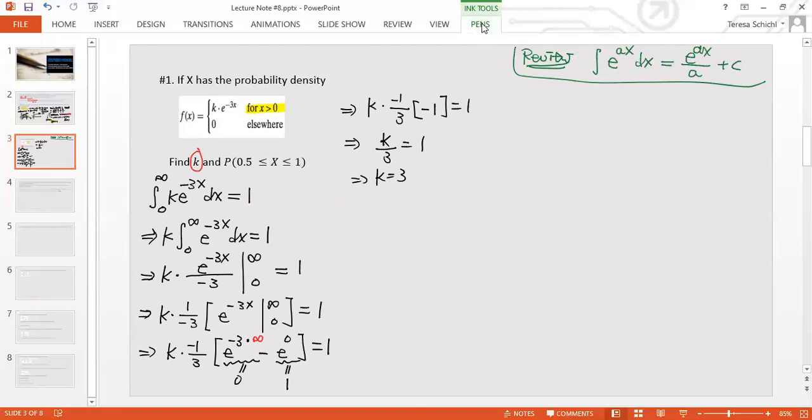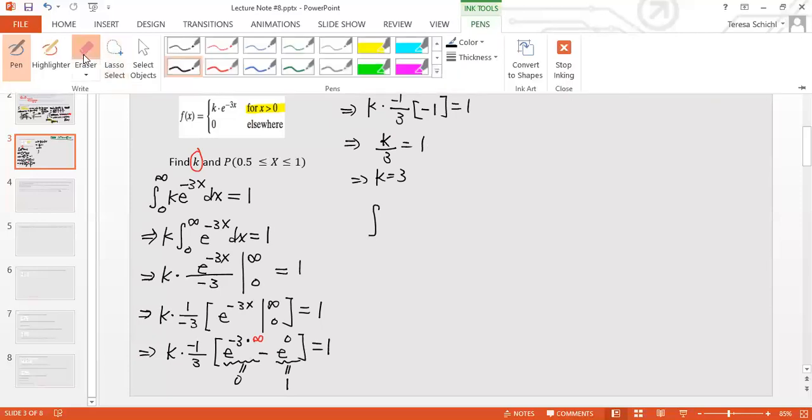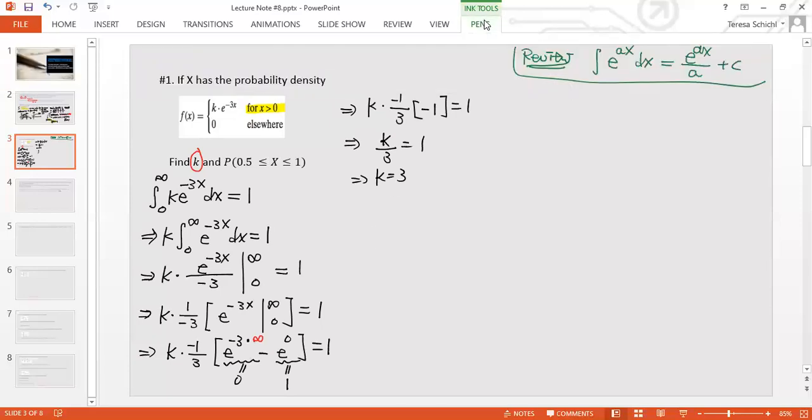Now I'm going to try to find the probability from 0.5 to 1. So that's basically, I better erase here. So here, that means the probability of x between 0.5 and 1.